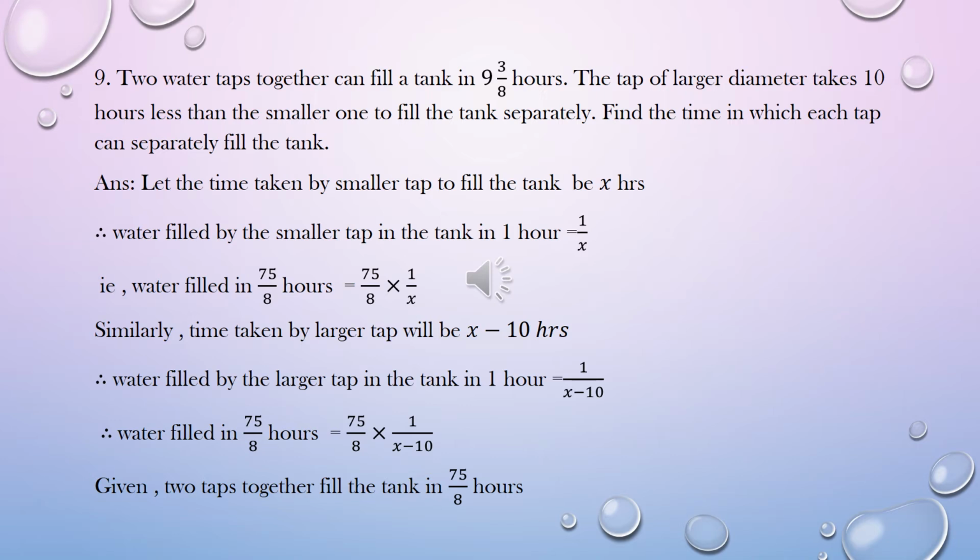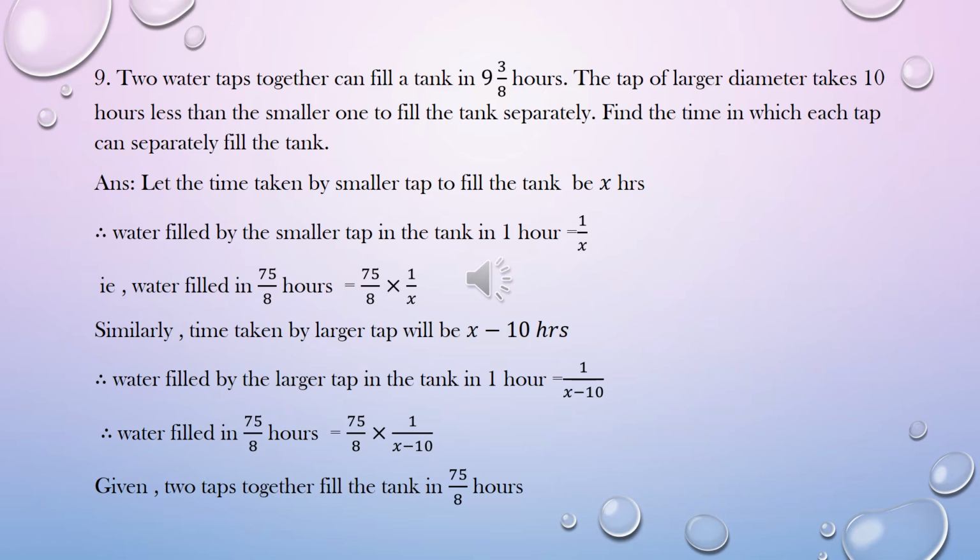Now in the question it is given the tap with larger diameter will take 10 hours less than the smaller one. Since the time taken by the smaller tap is equal to x hours, we can take time taken by the larger tap will be x minus 10. Again, water filled by the larger tap in 1 hour will be 1 by x minus 10.